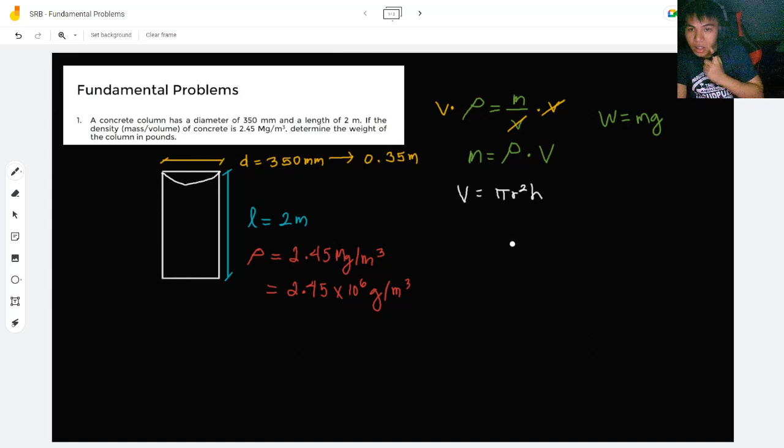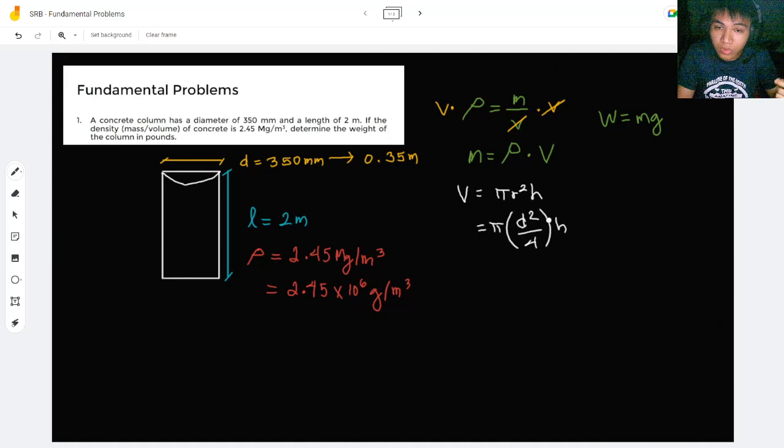Of course you can modify this formula, and that is what we're going to do for this video. I'm going to use the formula volume is equal to pi diameter squared over 4 times the height. That is basically the same as using the radius of the cylinder, since the radius is just half of the diameter.